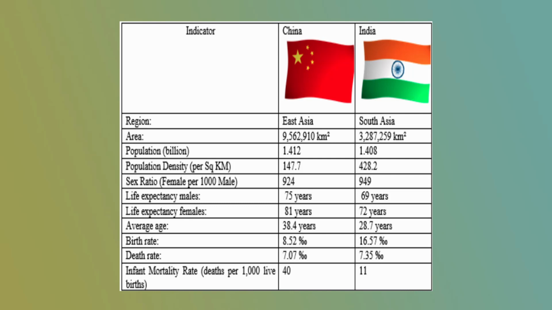The infant mortality rate is also quite higher in India compared to China. The infant mortality rate in India is 40 per 1,000 live births, whereas in China it is 11 per 1,000 live births.